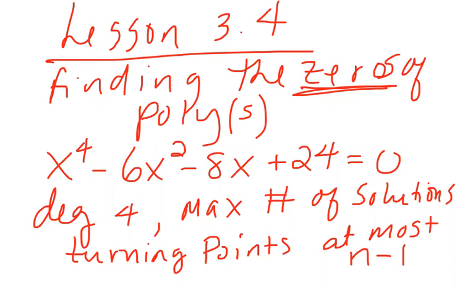My engineer majors are not allowed to use it at this level, but once you get into calculus for engineers, you're allowed to use it. It costs $150, but it's so powerful. You can type in problems like that and it gives you all the solutions, even if they're not exact solutions.